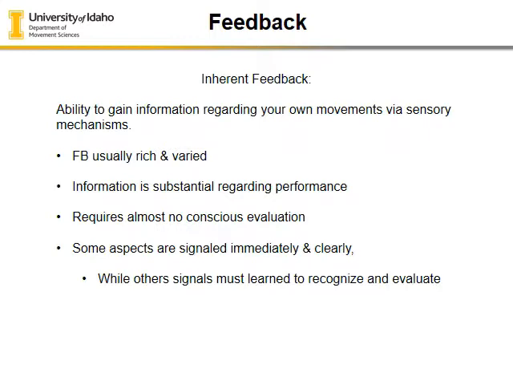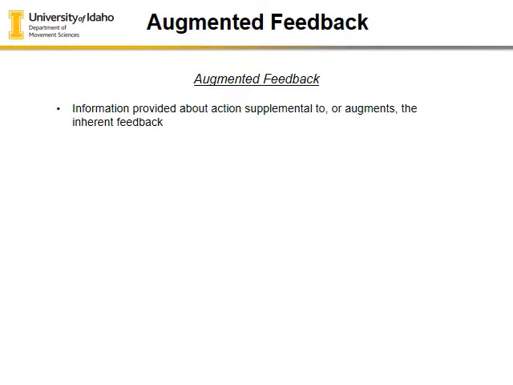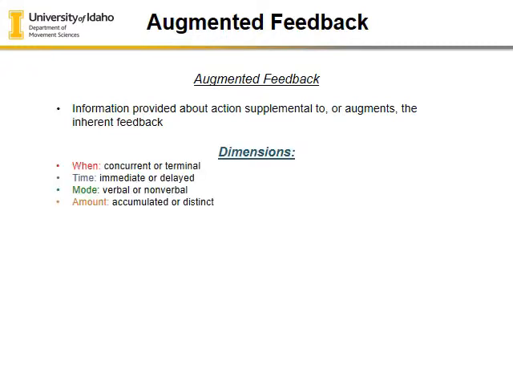Some aspect is either signaled immediately, or it's a clearly defined and recognizable evaluation of the process. Then we have augmented feedback, which is provided through video, instruction, photos, outcome scores, some sort of supplement to that inherent feedback of what you feel, right? There are many dimensions to augmented feedback.